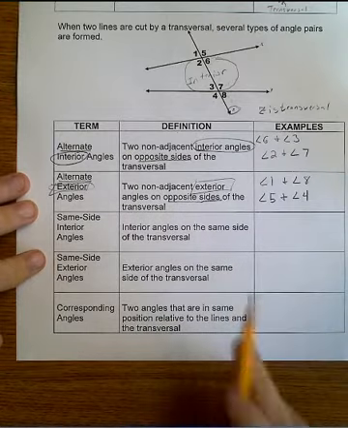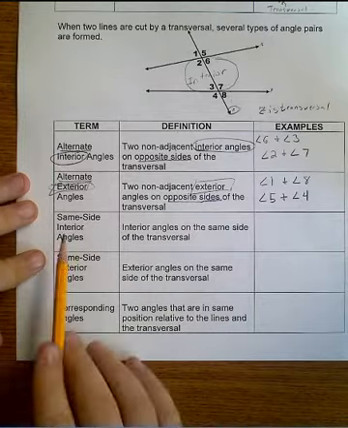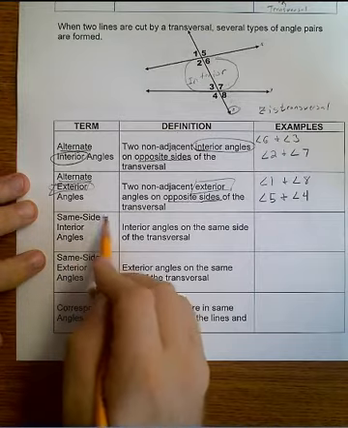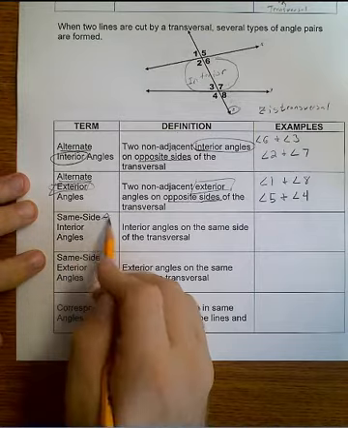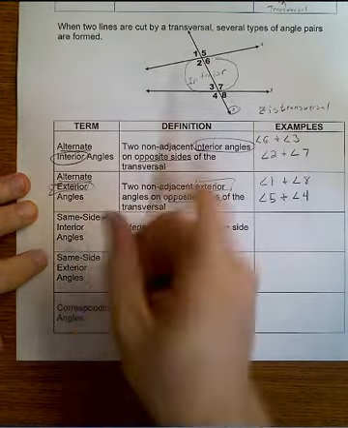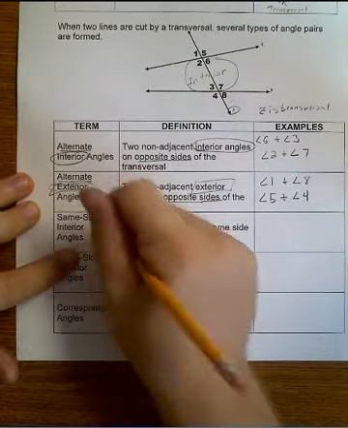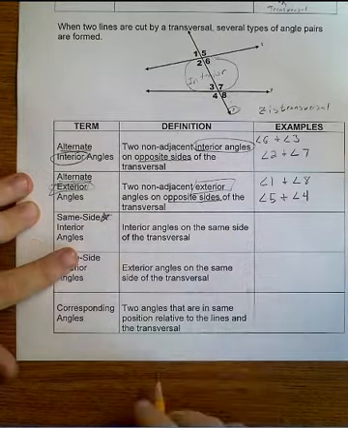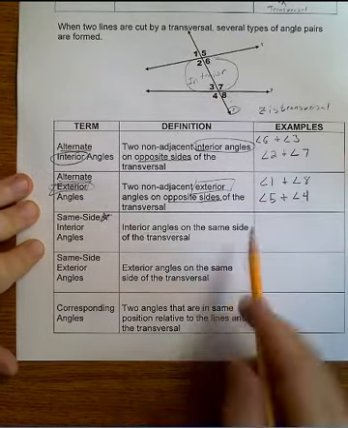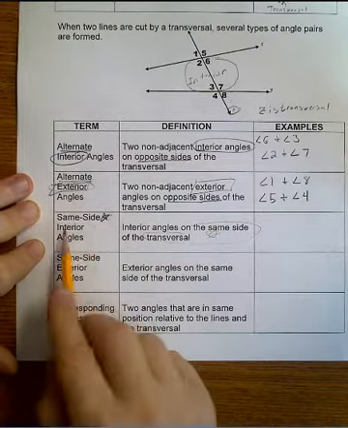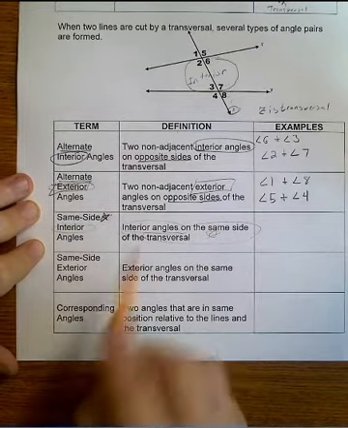So now let's go ahead and talk about same side interior angles. Well, same side means that they're going to be on the same side of the transversal. Interior means we're interior angles.